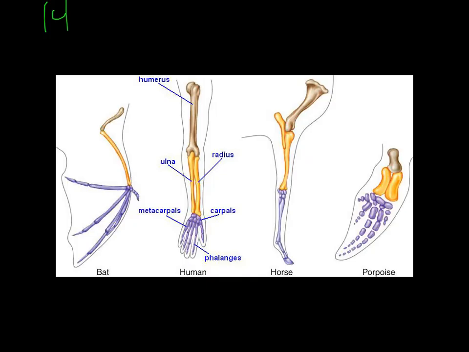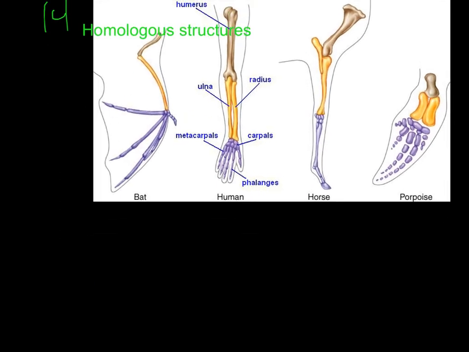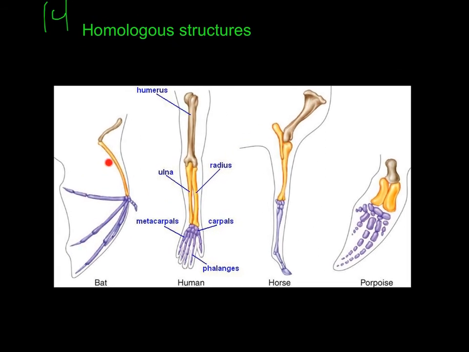The last evidence we have for evolution that we're going to go over is homologous structures. So let's write that up here. Homologous structures. Check. Okay. So here you have the wing of a bat. Whoa, hello. The wing of a bat. You have the arm of a human, the leg of a horse, and the fin of a porpoise.